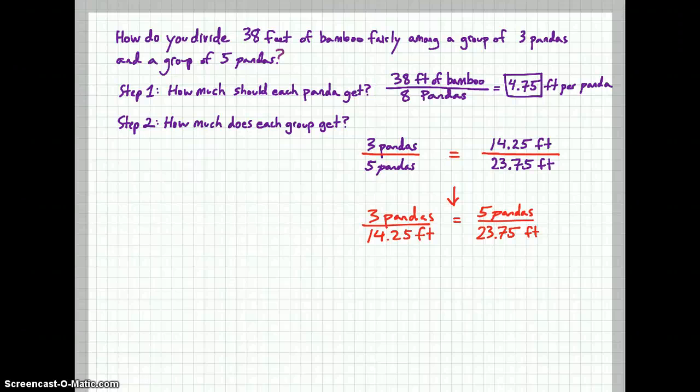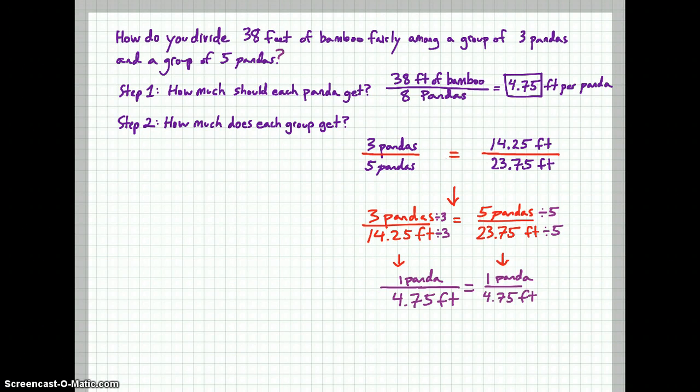And what's neat is if we convert these so that on the left, we divide both top and bottom by 3, you'll see that one panda gets 4.75 feet. And on the right side, if we divide both top and bottom by 5, again, one panda gets 4.75 feet. So notice you are focusing on first finding out what one panda gets.